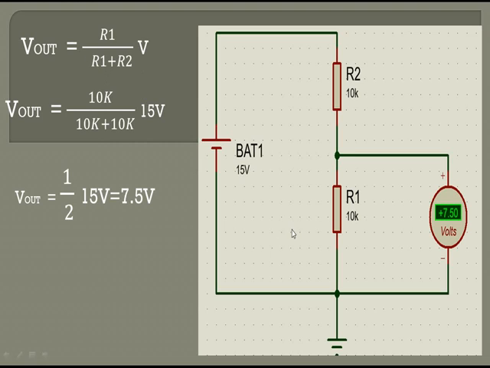So it is equal to R1, because we are taking voltage across this resistance, R1 divided by total resistance R1 plus R2 into input voltage V, which is 10k divided by 10k plus 10k into 15 volt, equal to 1 by 2 into 15, equal to 7.5 volt. So you can divide the voltage by using the voltage divider rule.